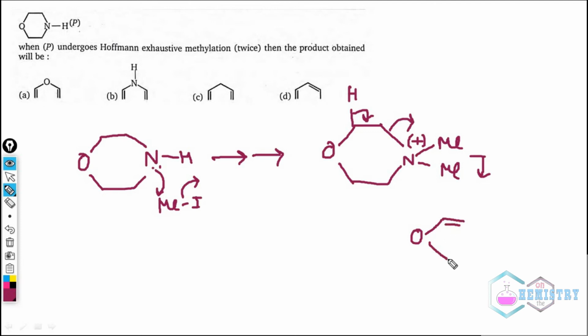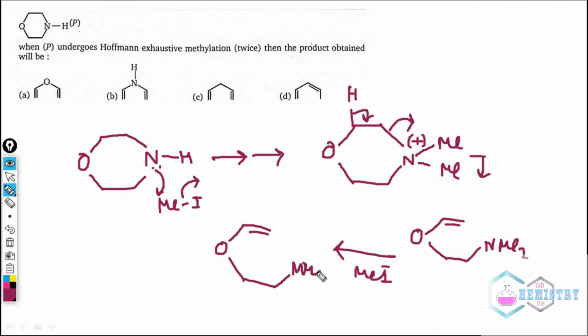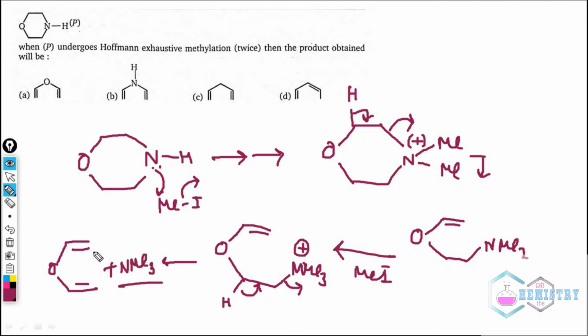Now this hydrogen will get removed to form this compound. There will be a double bond, and there will be NMe2. Once again, the Hofmann exhaustive methylation will occur, and this bond will be like this in NMe3 plus. Again this hydrogen will be removed and the final compound will be this, with NMe3 plus.